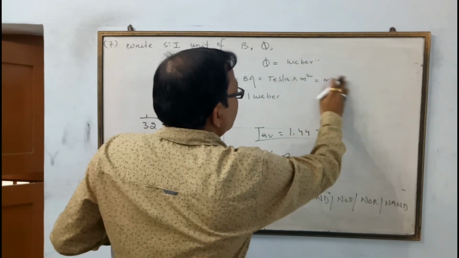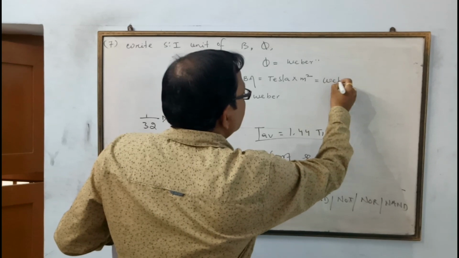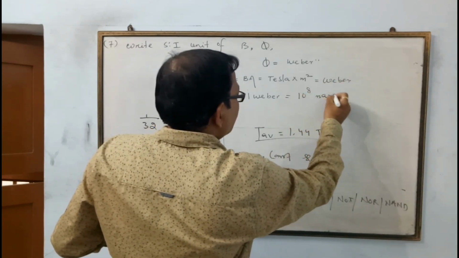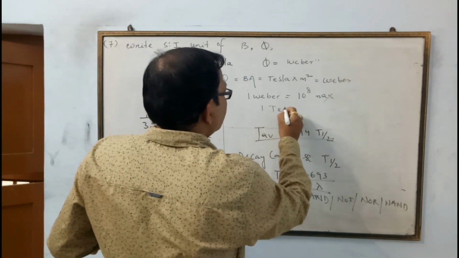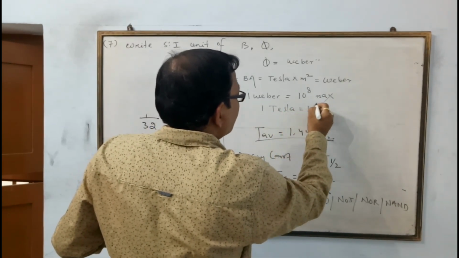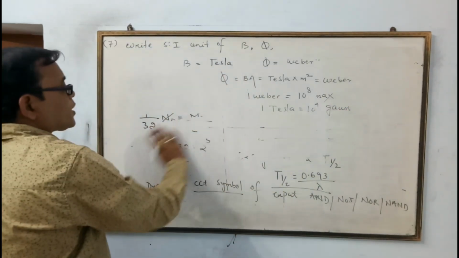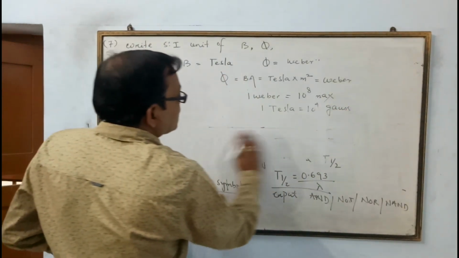So Tesla into meter square equal to Weber. 1 Weber is 10 to the power 8 Maxwell, and 1 Tesla equal to 10 to the power 4 Gauss.